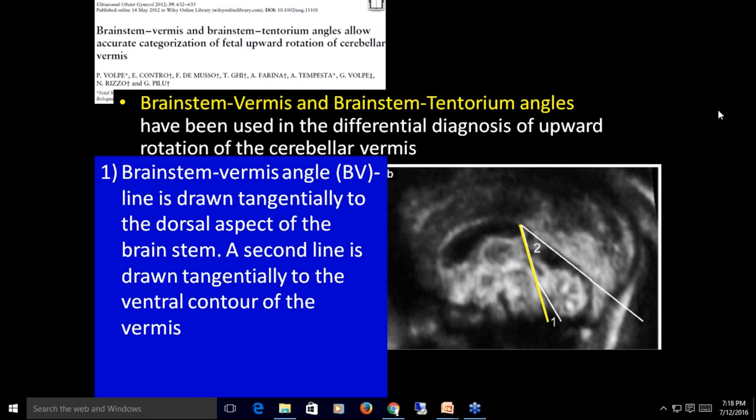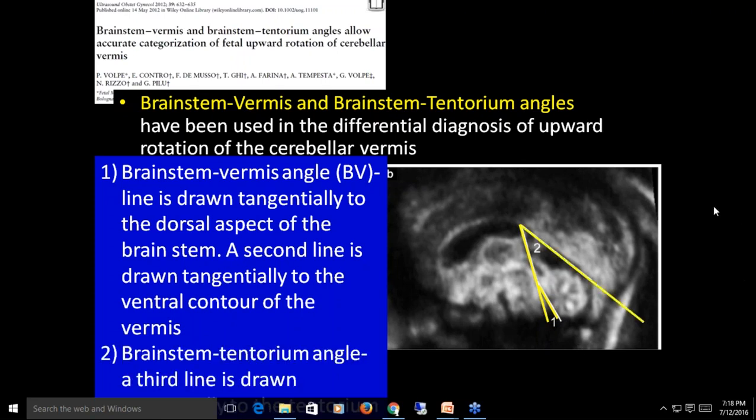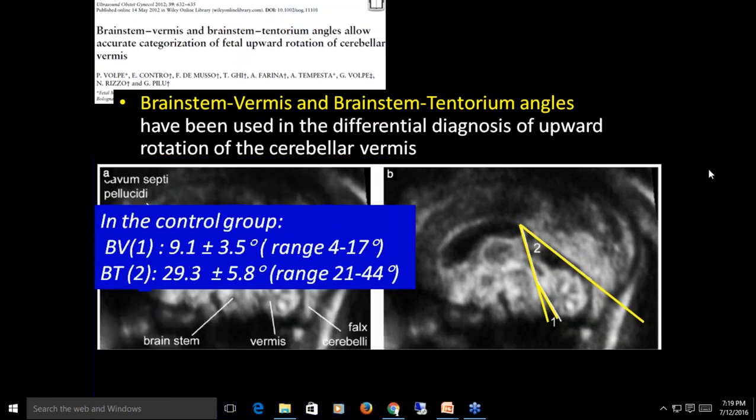How are these angles obtained? For the brainstem vermis angle, a line is drawn tangentially to the dorsal aspect of the brainstem. A second line is drawn tangentially to the ventral contour of the vermis. For the second angle, the brainstem tentorium angle, a third line is drawn tangentially to the tentorium.